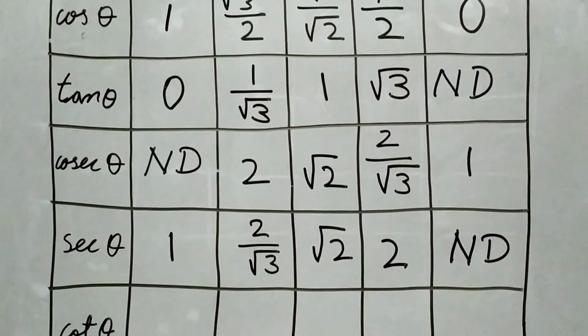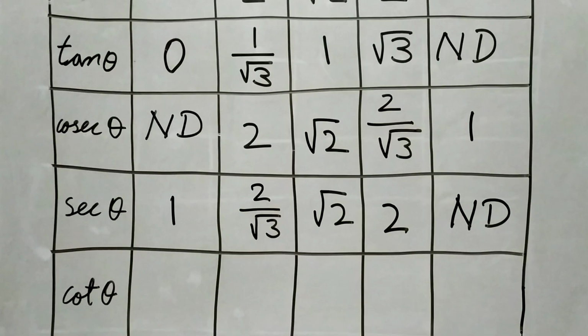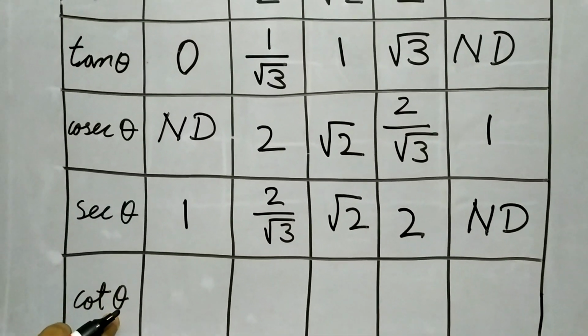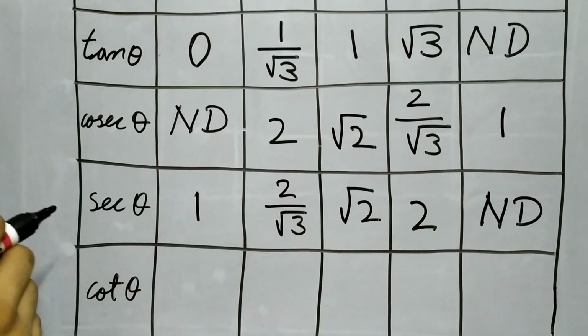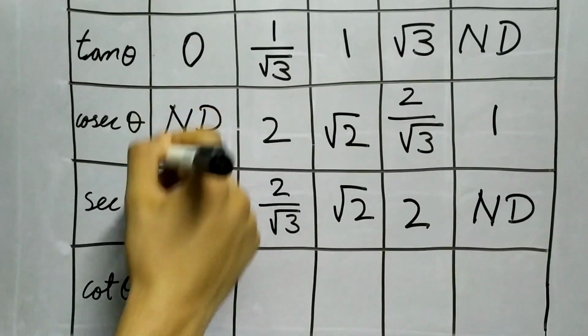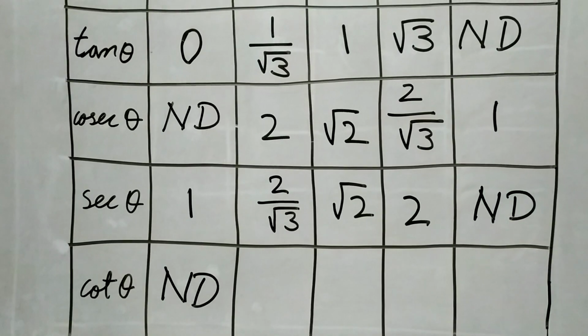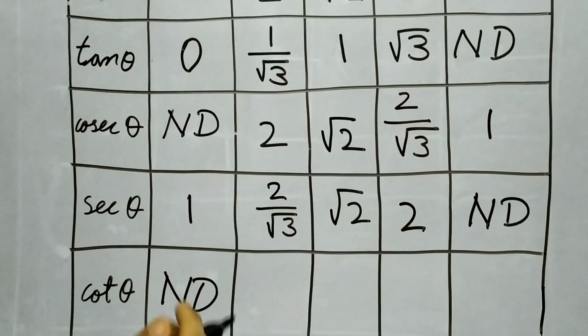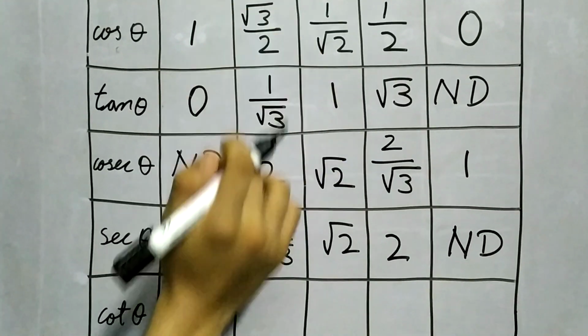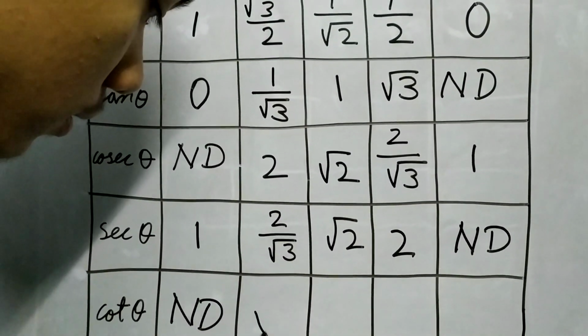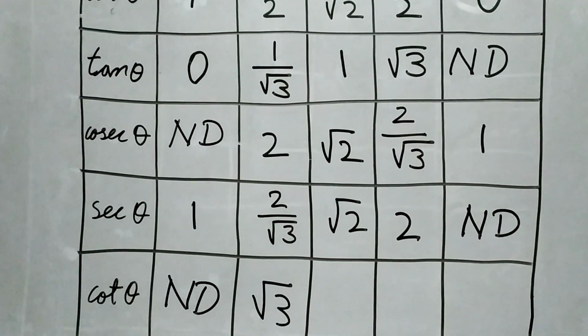What about cot theta? Cot theta is 1 upon tan theta, right? So it will be 1 by 0. Again, 1 by 0 is undefined. Now cot 30 degree is 1 by root 3, reciprocal of 1 by root 3. We get it as root 3.